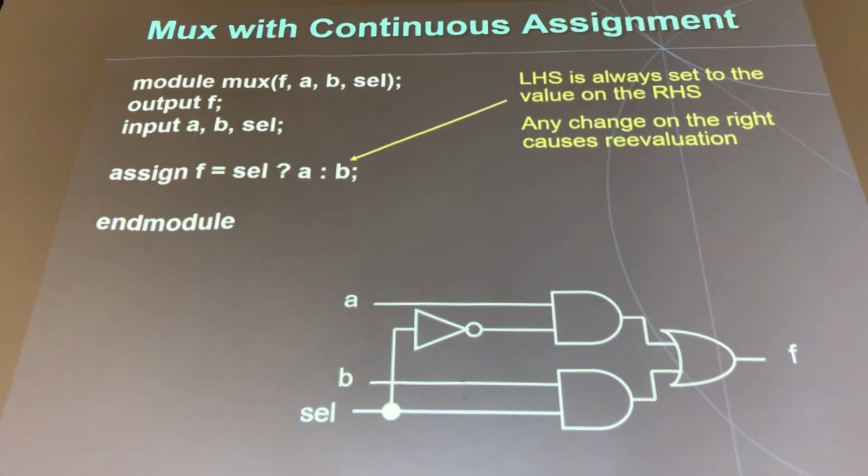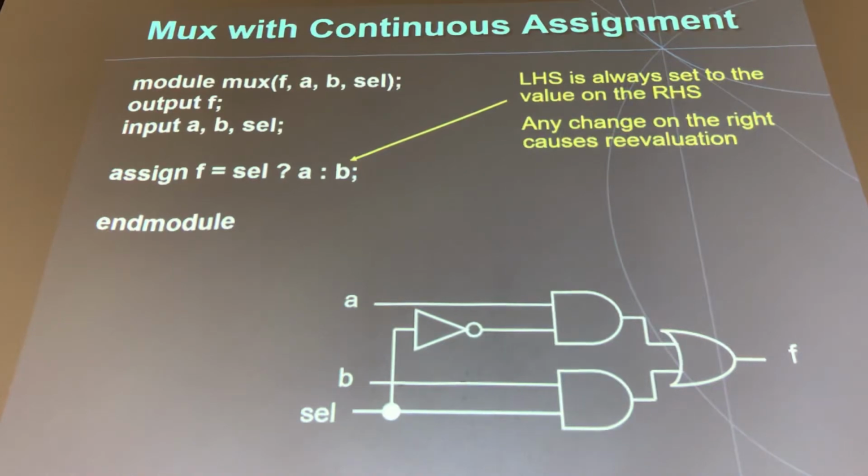Another way to describe this is continuous assignment. Also very convenient. We describe the two-to-one multiplexer by using an assignment statement: assign F equals cell question mark A colon B. What does that mean? Again, it's just like C language, right?